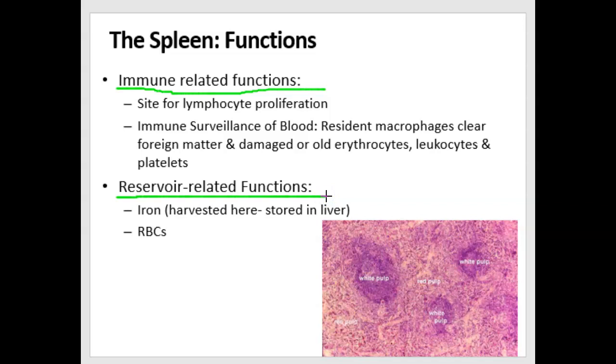Recall that the spleen is the site where red blood cell lysis occurs, and that macrophages present in the spleen, macrophages are white blood cells, can remove the hemoglobin from a red blood cell, separate the heme out and the iron out so that the iron can be sent to the liver to be stored.